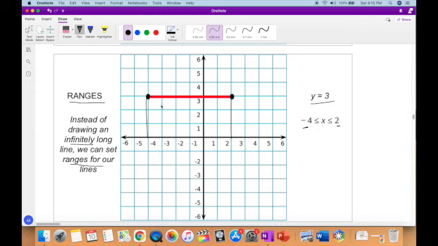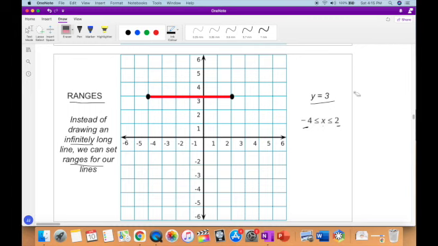So for this line, we only want x values that are greater than -4, and we only want x values that are less than 2. The line stops at 2. It doesn't go more than 2. The line stops at -4. It doesn't go less than -4.